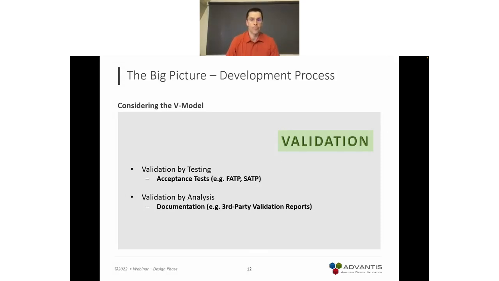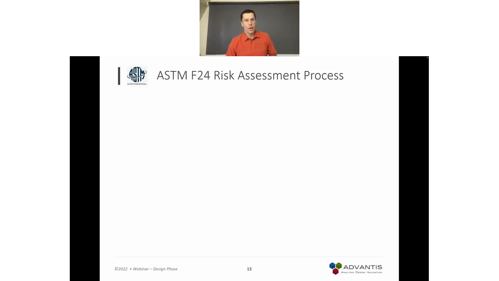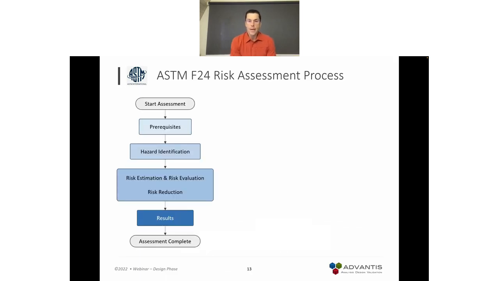So looking at the overall risk assessment process, this is work that we're currently doing at ASTM F24. I think Andreas is on the call. He's one of the core team members, and we are now excited to have the first draft out for ballot.